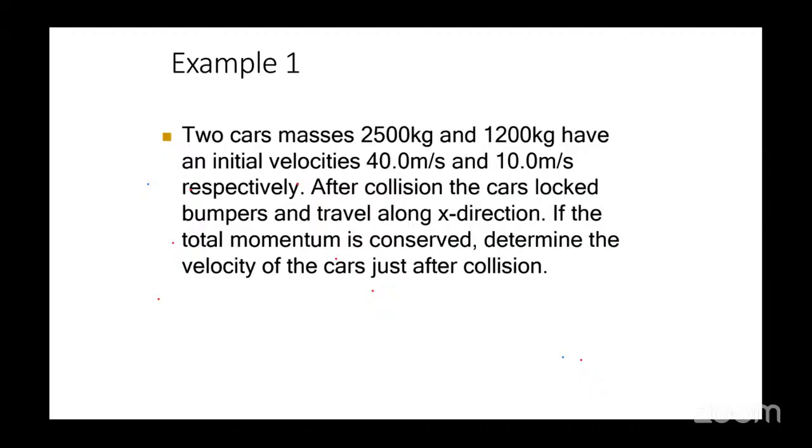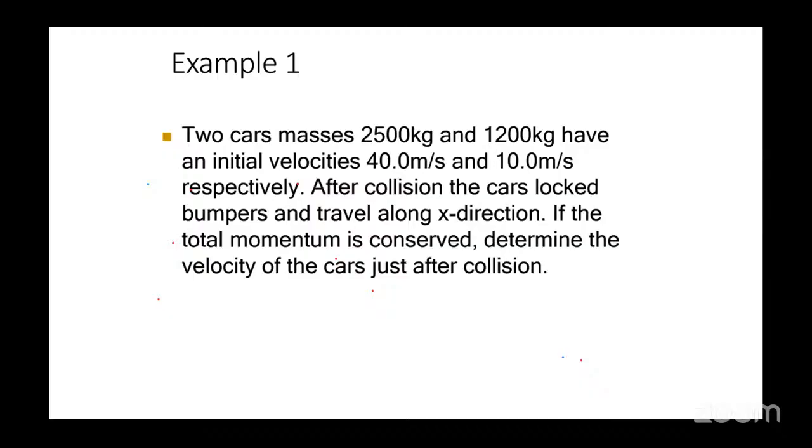Now, one important aspect of this question is after collision, the two cars lock bumpers and travel along the x-axis, meaning they assume the same velocity, they move in the same direction. So in that case, we are going to apply the perfectly inelastic collision method to solve it.